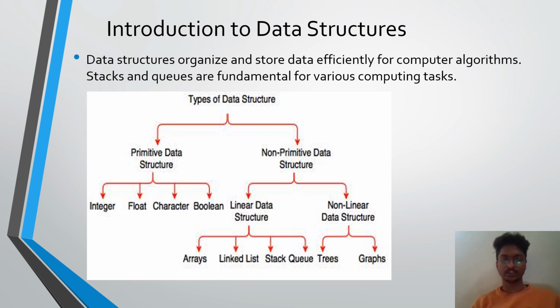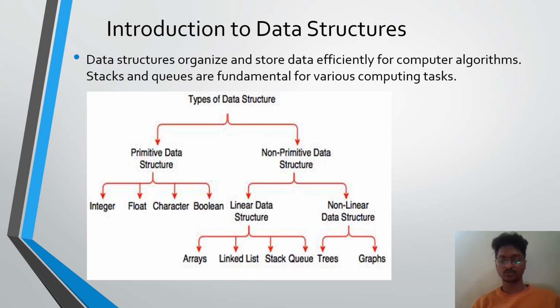Now, let us see the types of data structures. There are mainly two types of data structures, that is, primitive data structure and non-primitive data structure. Primitive data structure examples are integer, float, character, and boolean. Whereas non-primitive data structure is again divided into two parts, that is linear and non-linear data structures.